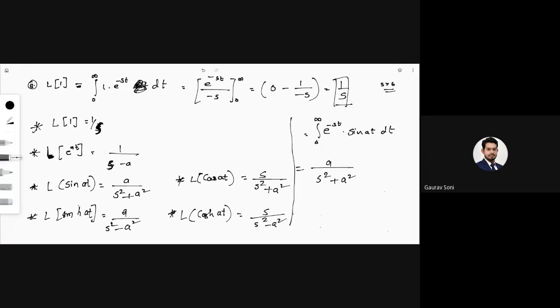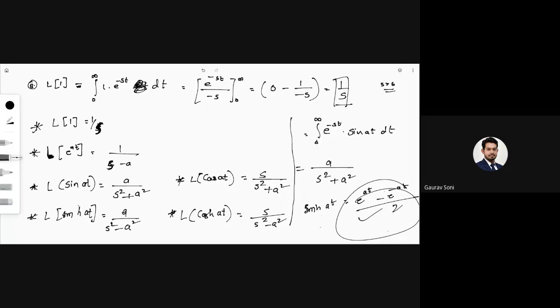I'm not going into the details of this proof, but in your bridge course, you may have seen that sine h of at is equal to e to the power at minus e to the power minus at divided by 2. In that manner, you have to proceed using this definition.